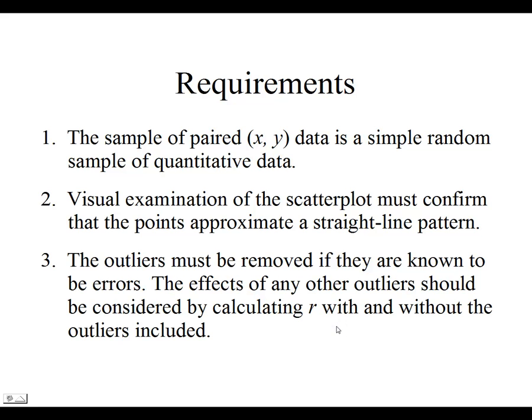The third one, if you know an outlier is there and it's because of some sort of error, it should be noted and the outlier should be removed. Now, you can't just start taking out outliers for no reason. Specific outliers are going to really influence our correlation. It's not resistant to extreme values like the median would be or something.